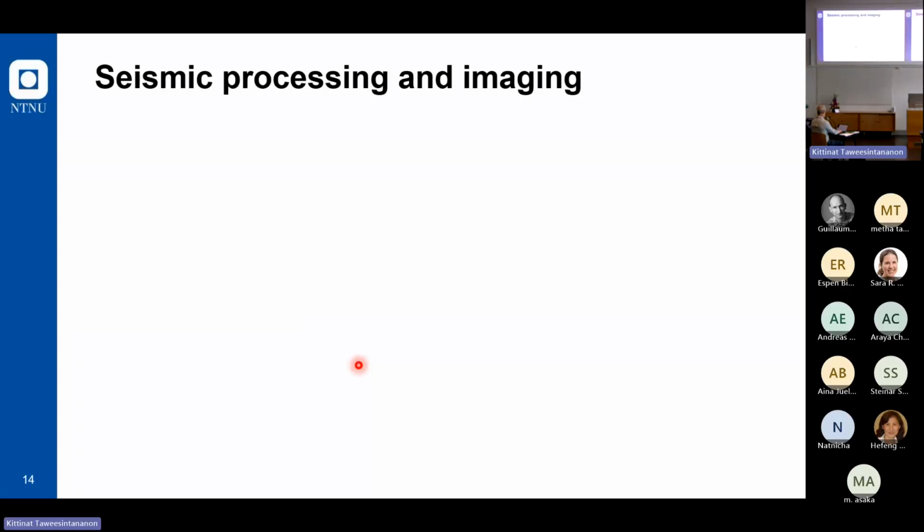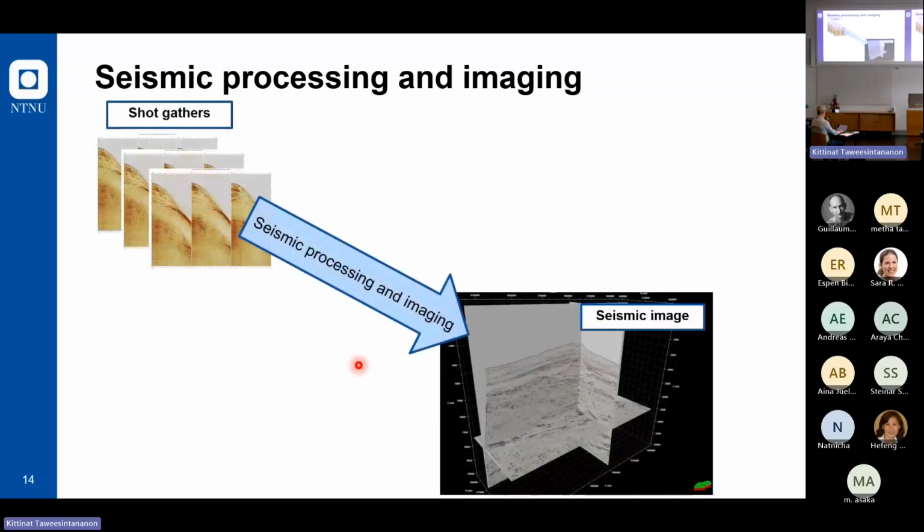So let's talk about seismic processing. What is it? When we record the data in the field, we have several shot seismic gathers like this. We pass them through a process called seismic processing and imaging, to produce the seismic image of the subsurface of the Earth like this. It requires a lot of work and integrates a lot of subjects, such as physics, geology, mathematics.